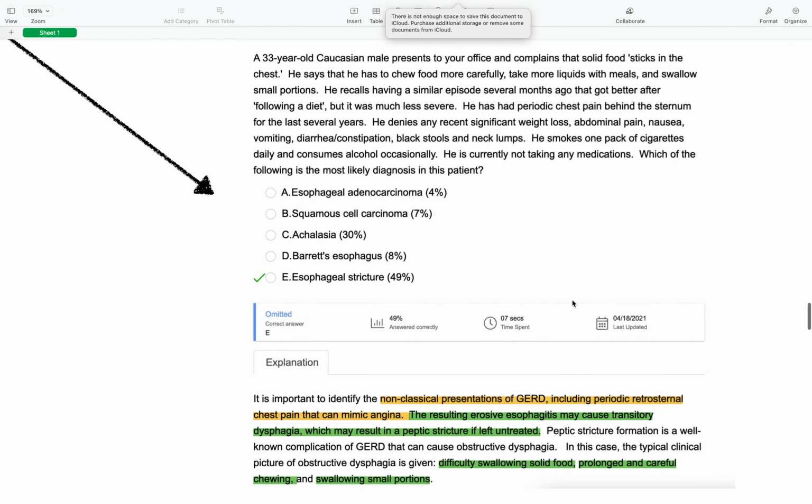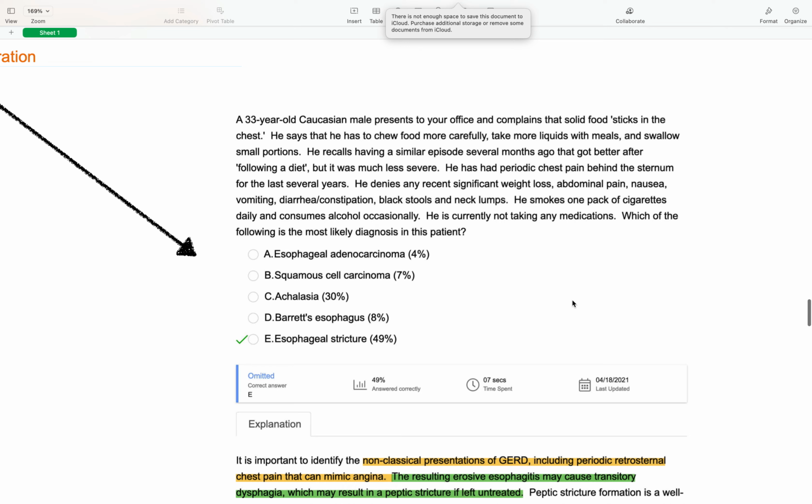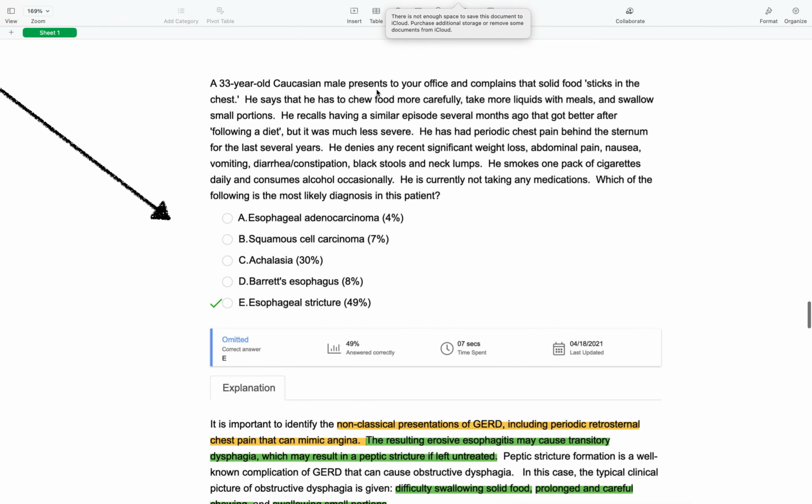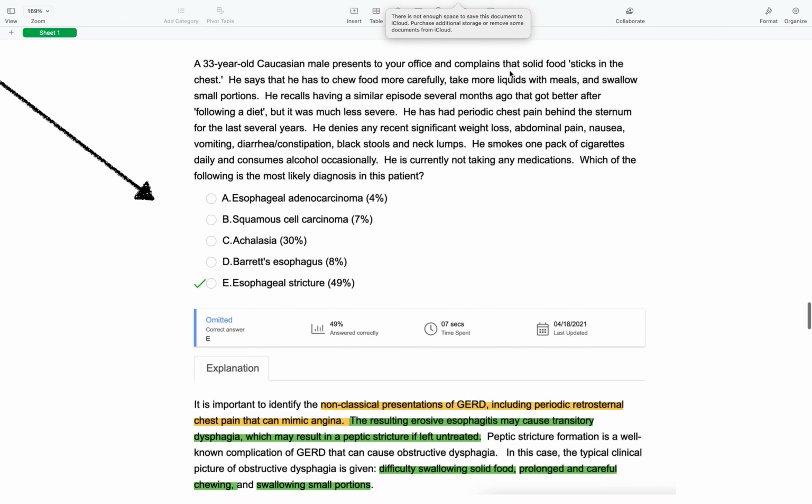Okay, so a 33 year old Caucasian male presents to your office and complains that solid food sticks in the chest. Okay, this is important. Solid food sticks in the chest. He says that he has to chew food more carefully, take more liquids with meals, and swallow small portions.